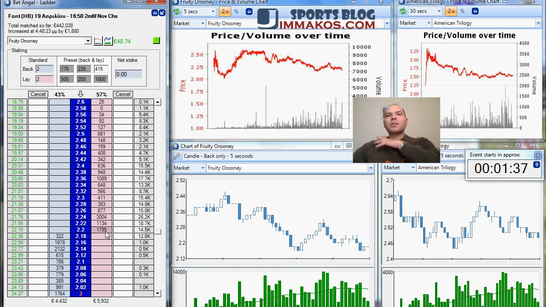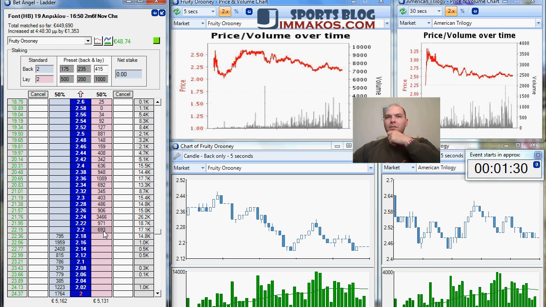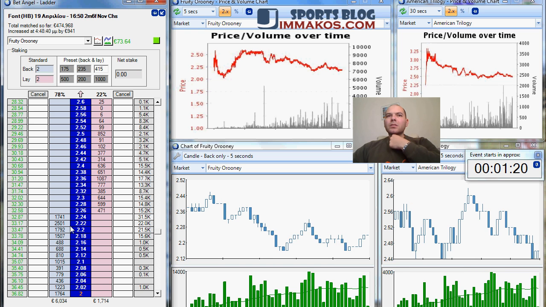Yeah, I expect the support level to hold as it is just 1 minute before the off of the race. I enter twice in the market. I close out the first position winning 1 tick and the second position winning 2 ticks.